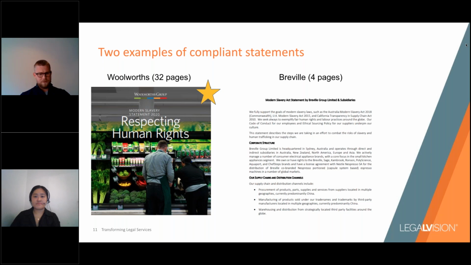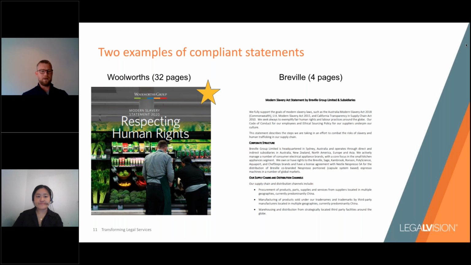But you can comply with this Act by submitting a 4-page, black and white Word document that absolutely complies with your requirements. These statements speak to what each entity is doing, and I guess, Joe, I want to hand over to you then to talk about that framework.